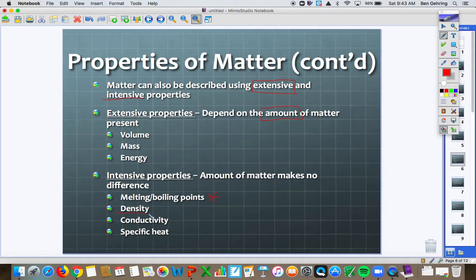Density is grams per, or mass per volume, and so density doesn't change because you're changing both, but it comes down to the same thing. Conductivity, more stuff doesn't make it more or less conductive. And specific heat is something we'll talk about at the end of the year, but that deals with how much energy is required to change the temperature of a substance. But that doesn't change either with the amount of substance, because we're still talking the same material to begin with.